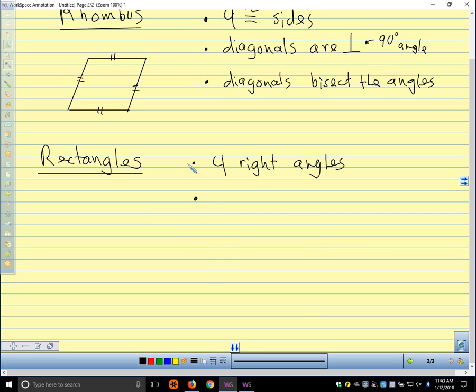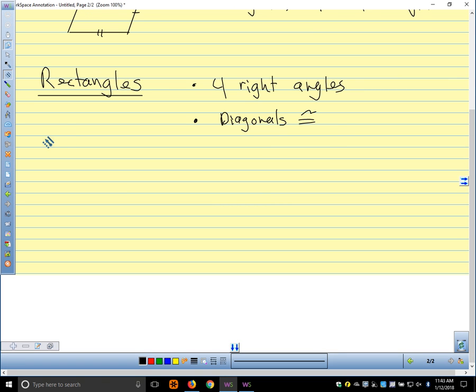And for rectangles, the diagonals are congruent. So if you wanted to add to your picture of your rectangles, you would put in your four right angles there.